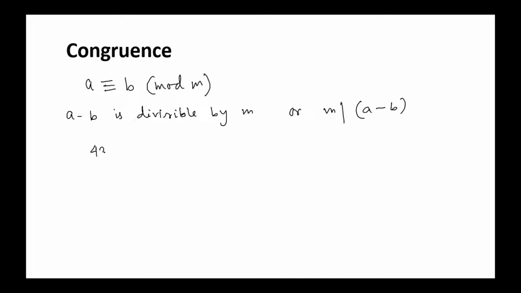Example: 43 is congruent to 13 modulo 5. 43 minus 13 is 30, and 5 divides 30.